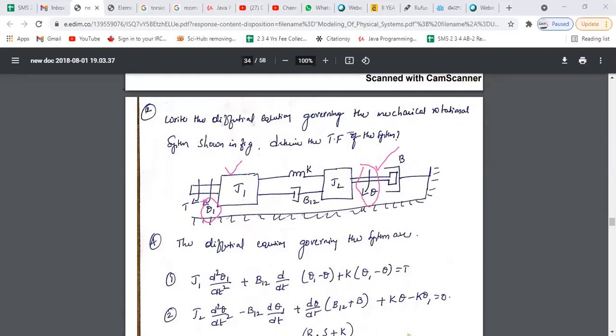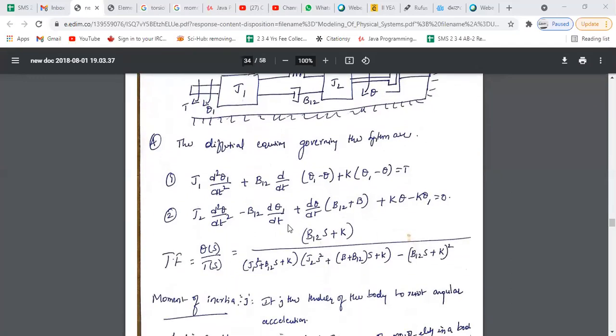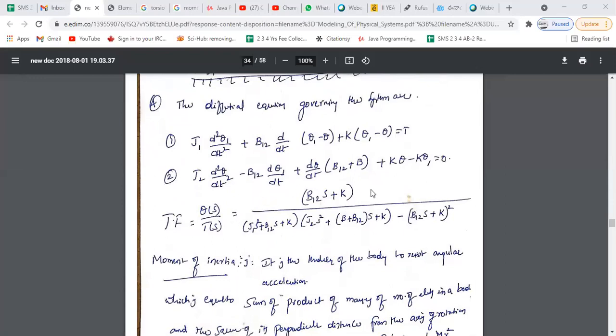What is the transfer function now? Theta of s by tau of s. Right, theta of s by tau of s. That's what he calculated and got.